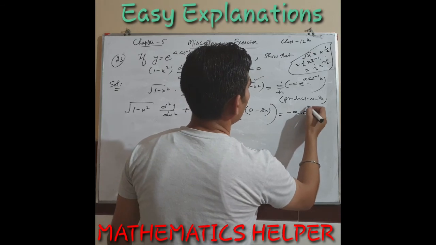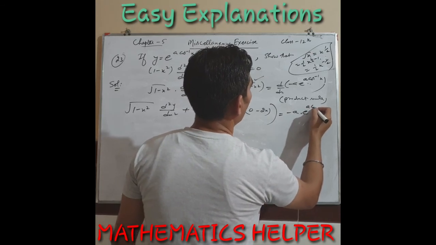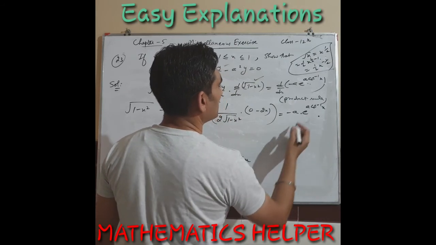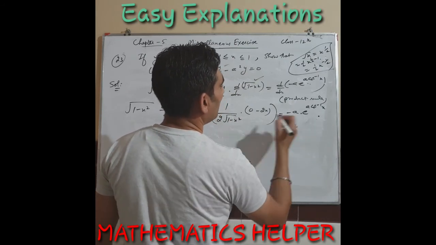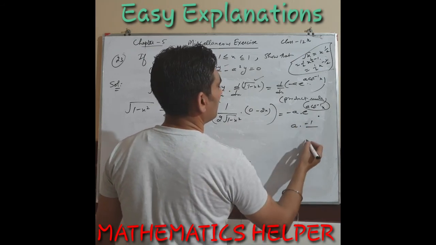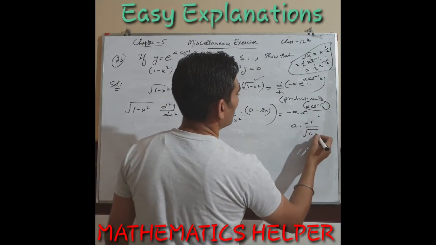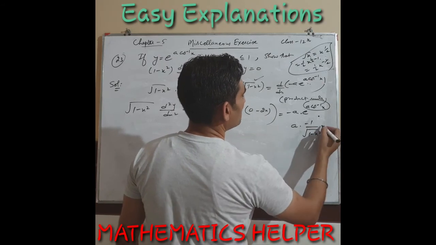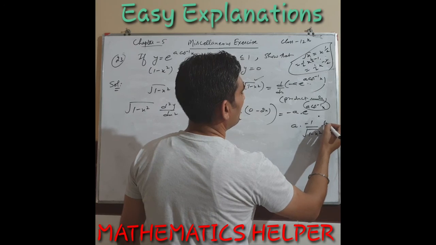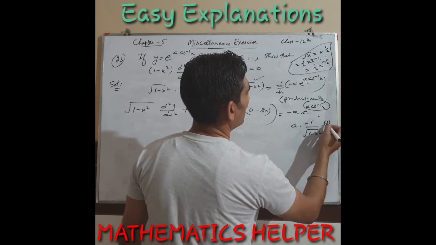It will remain the same, e raised to power a cos inverse x. But what about derivative of the power? A as it is, then derivative of cos inverse x is minus 1 over square root of 1 minus x square, and for this angle derivative is 1.